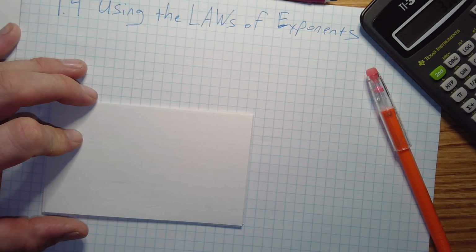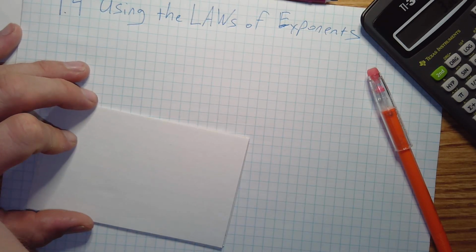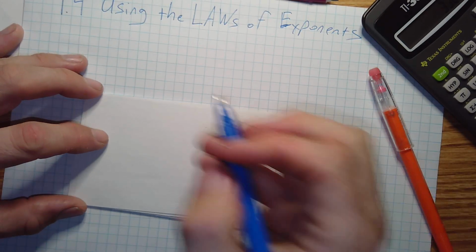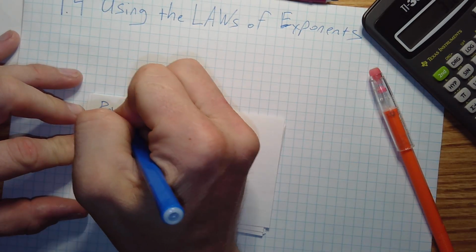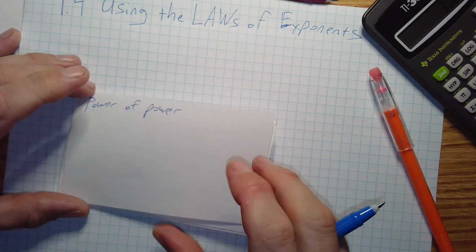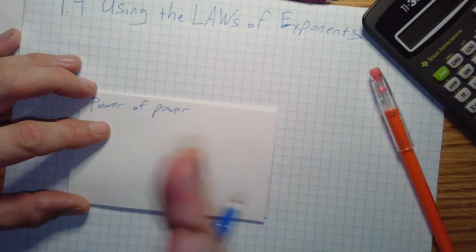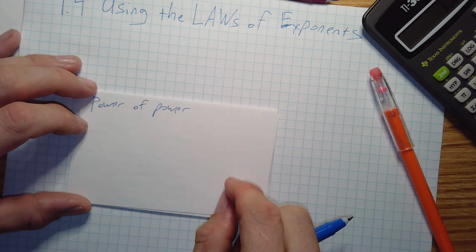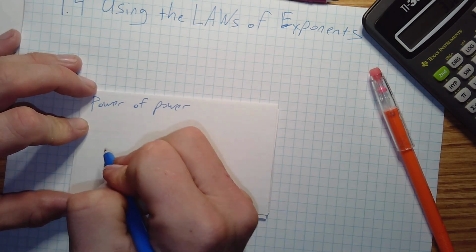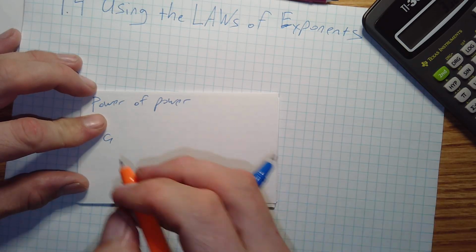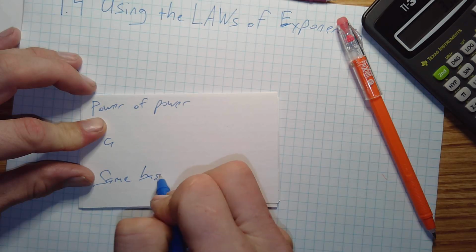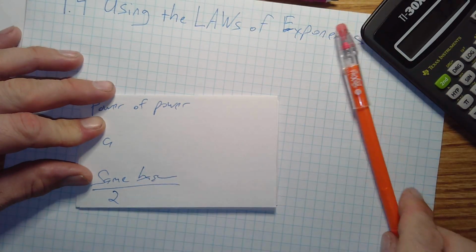Okay. All right. So now we have the power of powers. If you're given all of the same numbers and you plug it into all of the exponent laws, this one is most likely to yield the largest number. Okay, so say you have a base, the same base, and there's two exponents.